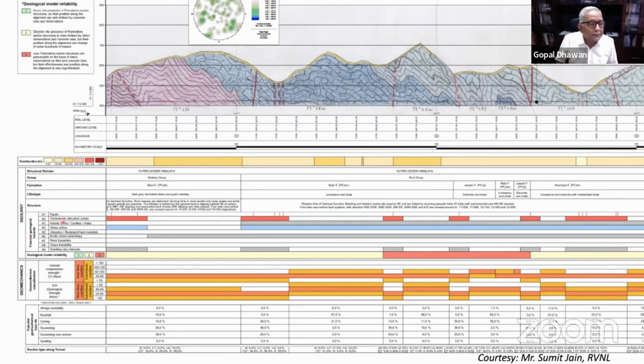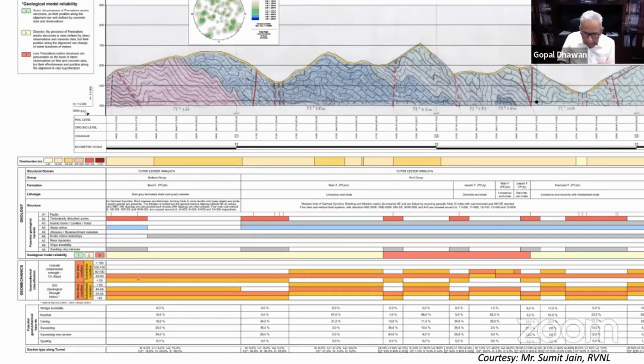These are faults, water inflow, bedrock type, and Nala crossings, river crossings, and they have numbered them from A1 to A9. This is in geology. And then geomechanics, the UCS and GSI. And then at the bottom, they have given the instability modes, whatever kind of instability may occur.